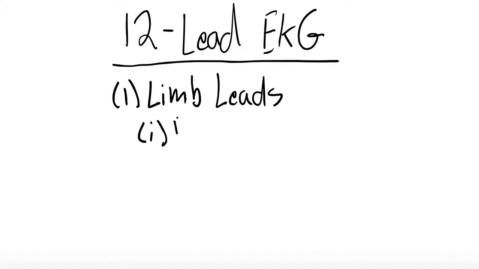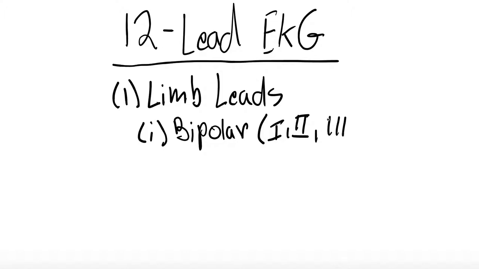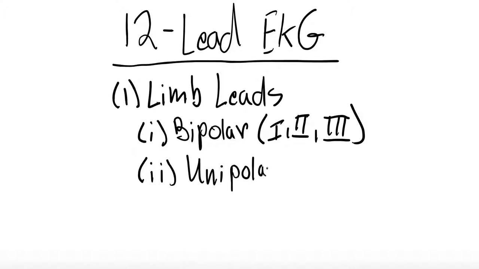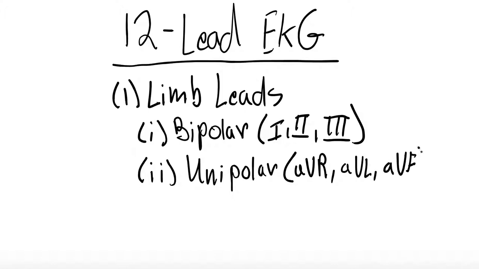The bipolar limb leads, which are going to be leads 1, 2, 3, and the unipolar limb leads, and we'll get into what this means in a bit, which are going to be AVR, AVL, AVF.